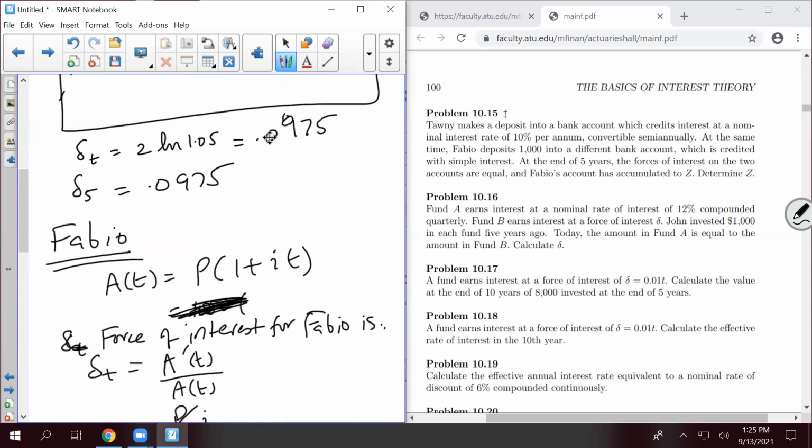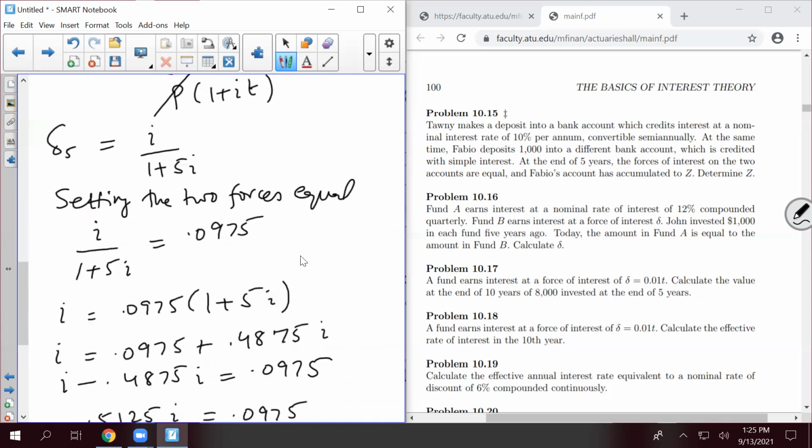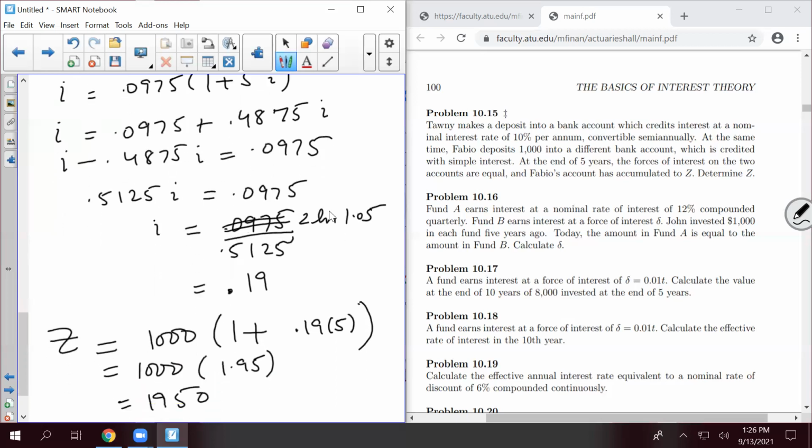So instead of 0.0975, use this 2 ln 1.05. So over here, use 2 ln 1.05, and that should land you the exact 1952. So now what do we get? What is 2 ln 1.05 over 0.5125?